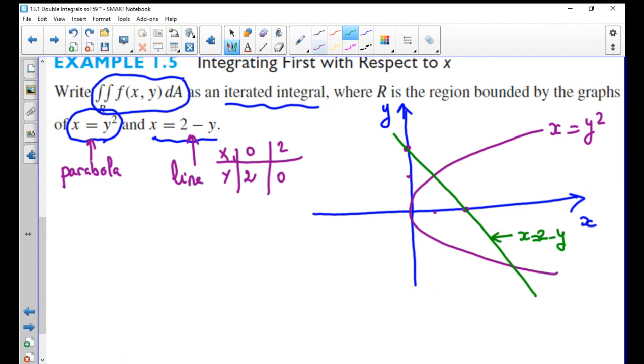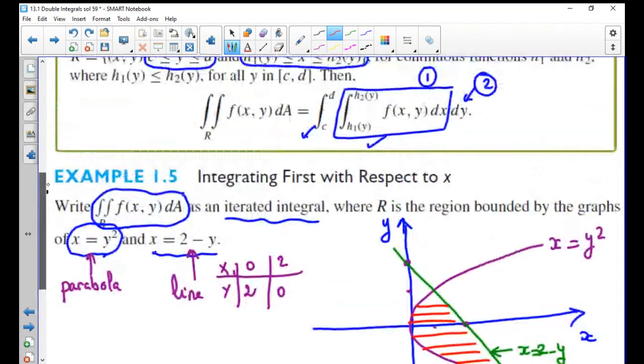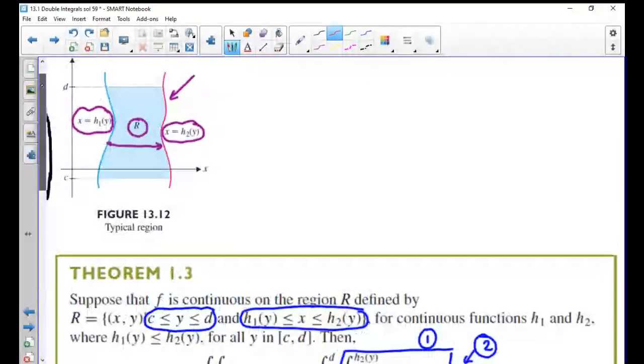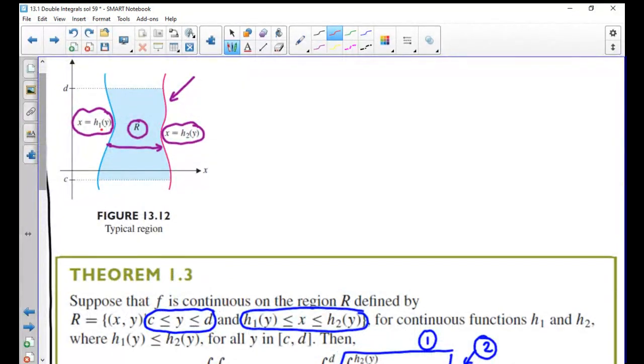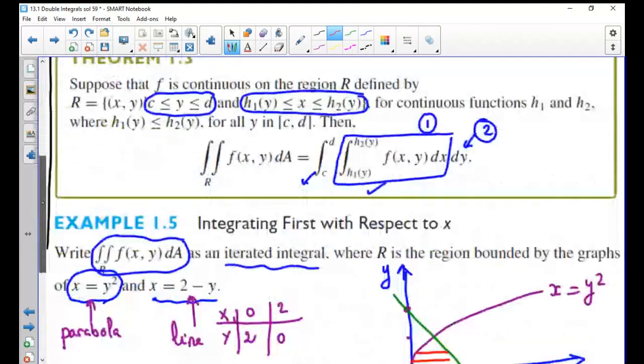So this is x equal 2 minus y. Okay, so the region is between these two curves. Basically, this is our region, like this. So if you compare to this graph here, what is h1 and what is h2?